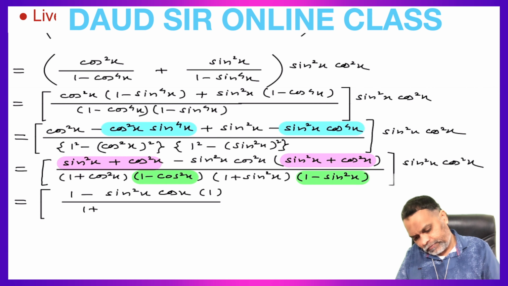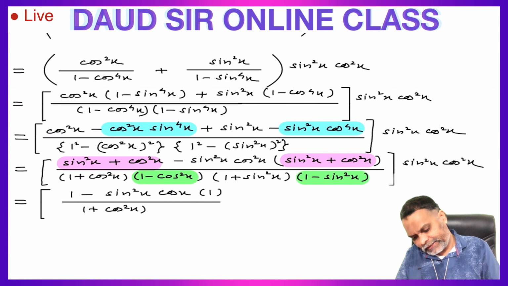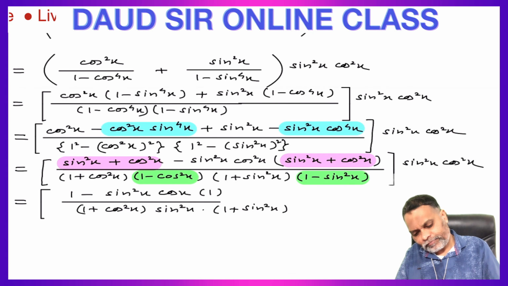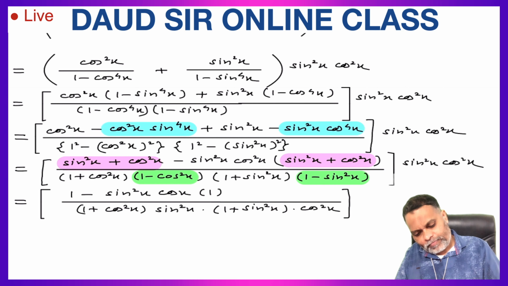So 1 plus cos square x as it is, 1 minus cos square x is sine square x, into 1 plus sine square x as it is, and 1 minus sine square x can be written as cos square x, into sine square x into cos square x.